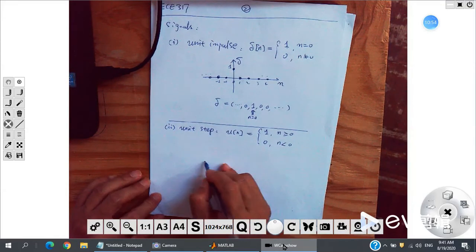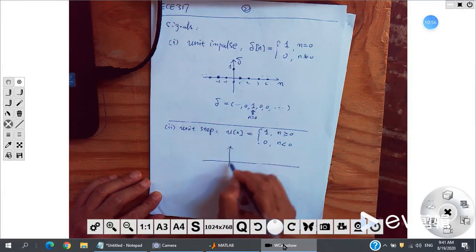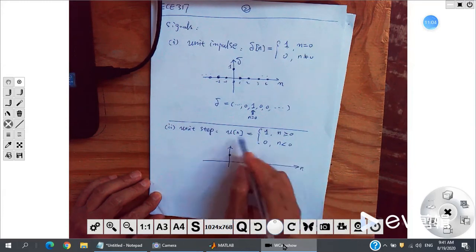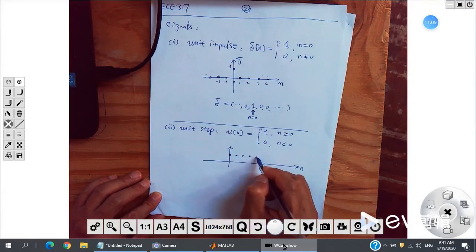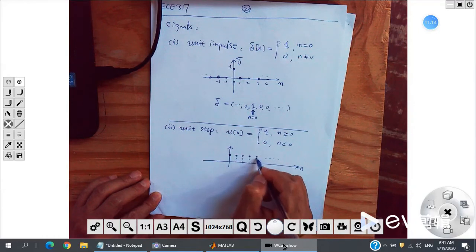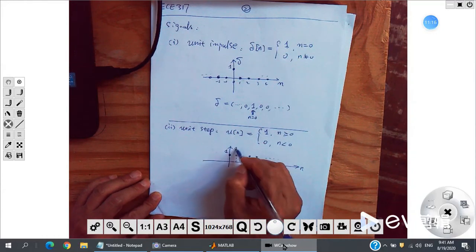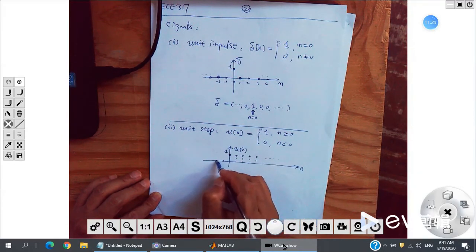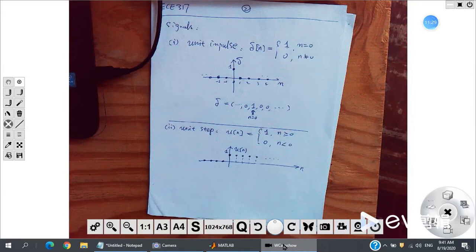We can also have a graph. When n is positive or 0, u of n is always 1. And for negative n, it is always 0.